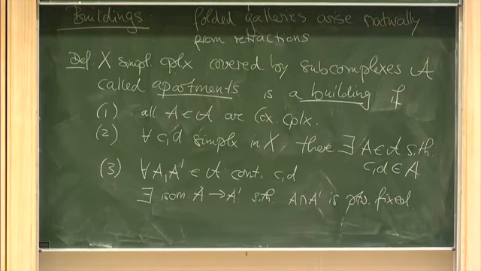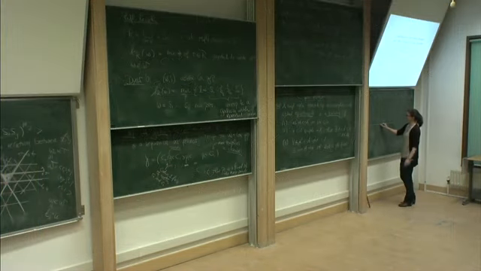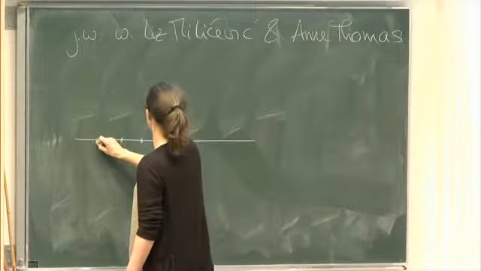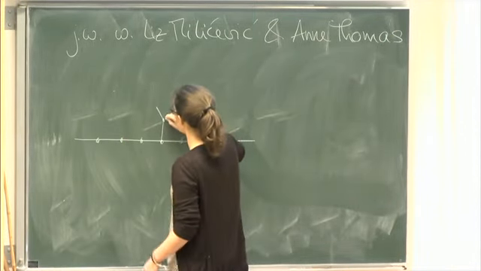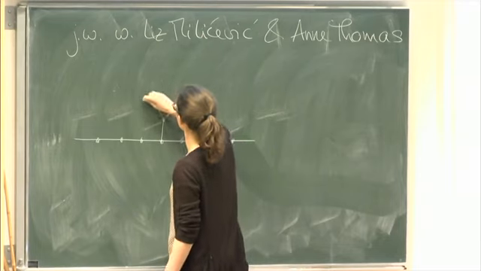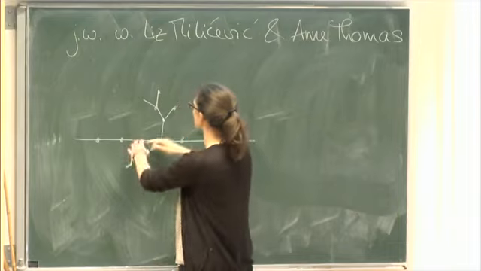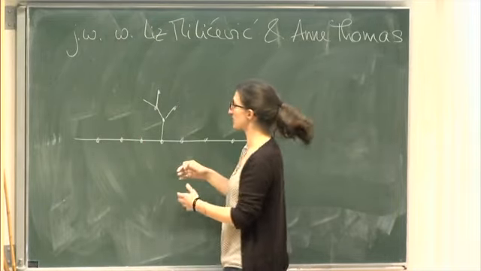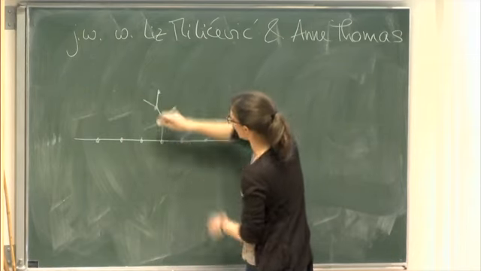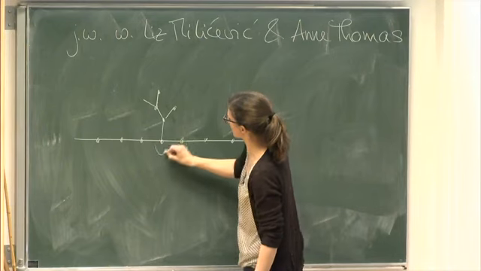Okay, here's an example. A slightly smaller reflection group than the one we were looking at. The reflection group is a line, but the buildings associated to it are infinite trees. So the Coxeter complex of a line, it's generated by two reflections.